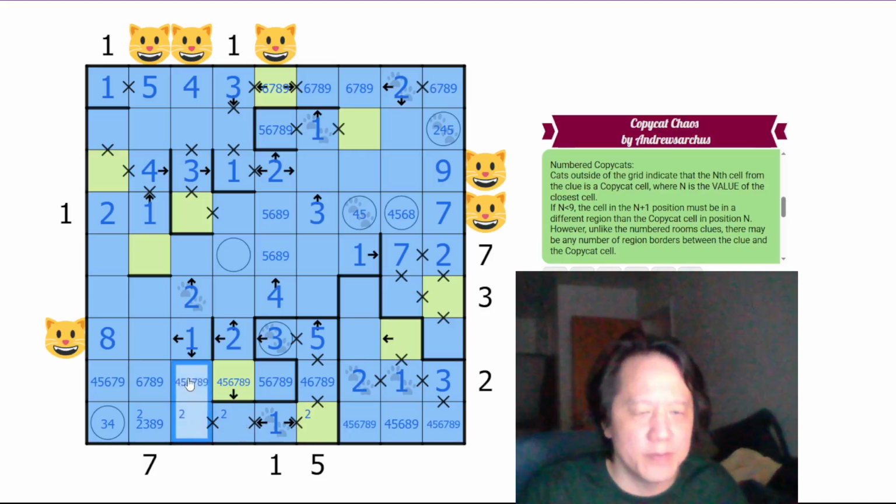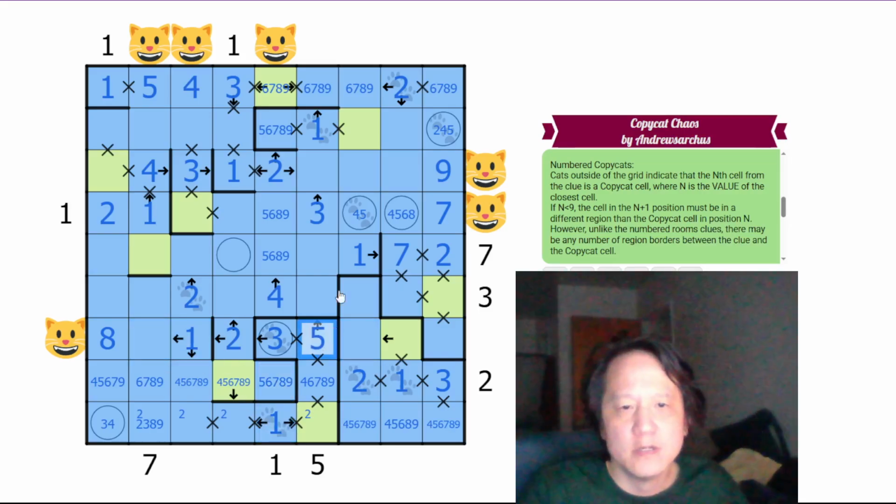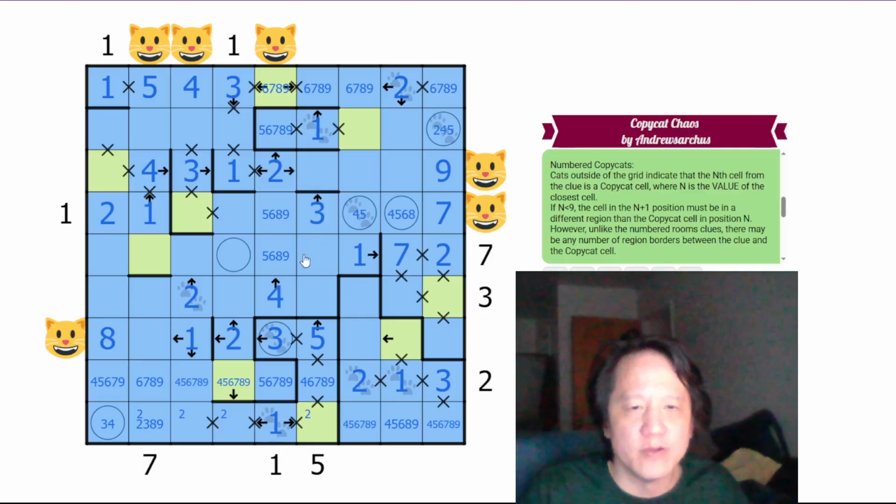Could go up here. Oh. Well, either way, this is going to be a boundary because the ones can't be in the same region. This sees... Okay, this sees 3 boundaries. So 1, 2, 3. We have 5 here. So 1's here, that's 4.